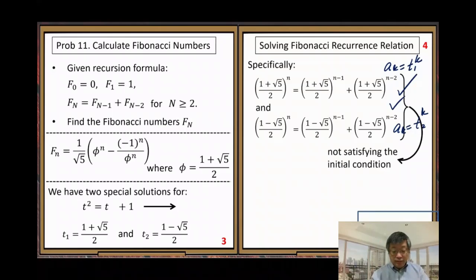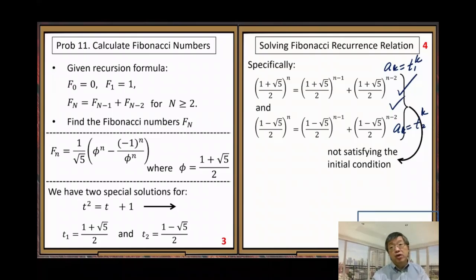But the problem, they do not satisfy the initial condition. Definitely not, right? Because first, they're not integer solutions. T1, T2, they're not integer solutions. So no way any of them satisfy the initial condition. But don't worry, we will fix that later. We have a chance.